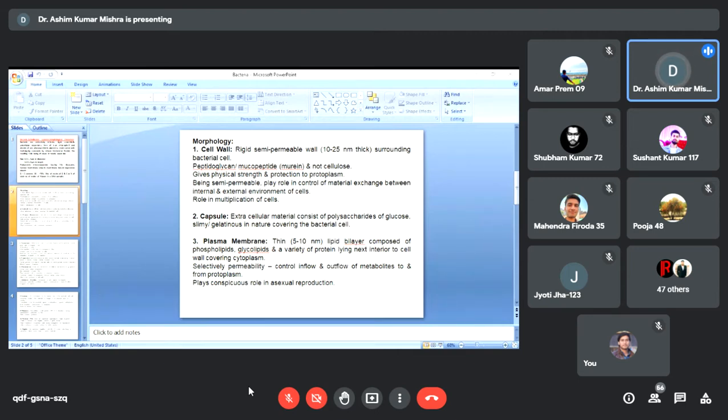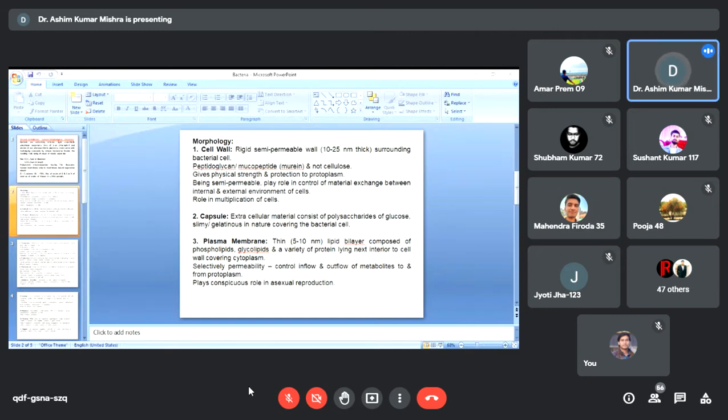Primary metabolites are utilized by its own self.